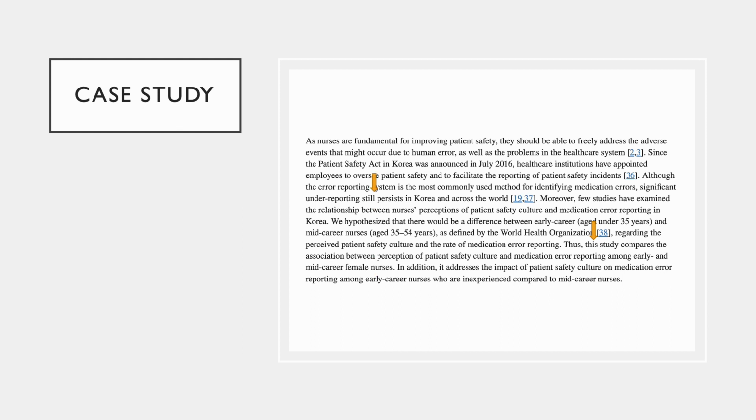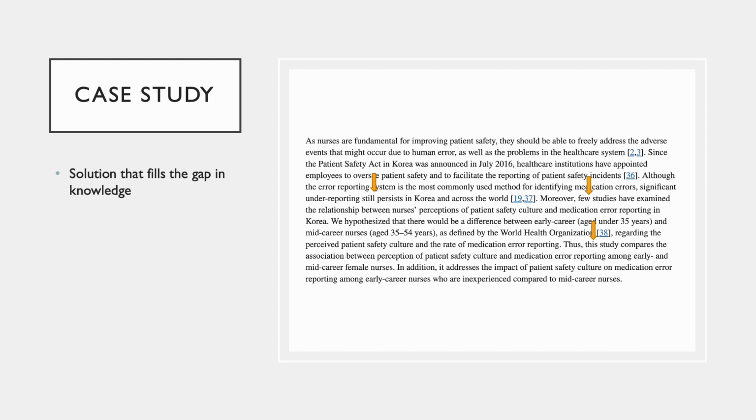You can see here that although reporting error system was common, there is still underreporting and it still persists. You see that there are a few studies that examine the relationship between nursing perception of safety and medication errors. You see that finally this study compares the association between perceptions.